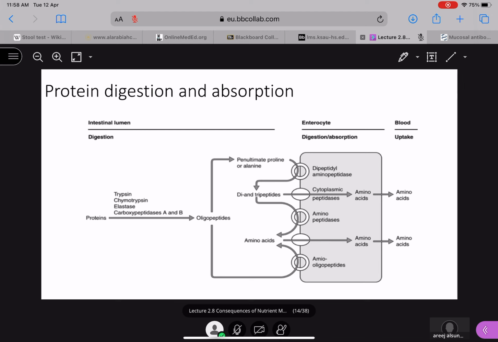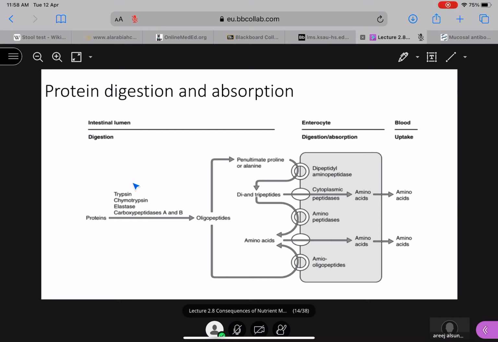So they need to be secreted as inactive forms, and they are activated in the alkaline media in the duodenum. Mainly trypsinogen is activated by enterokinase, and once activated it is converted to trypsin, and the trypsin will activate all other pancreatic enzymes.